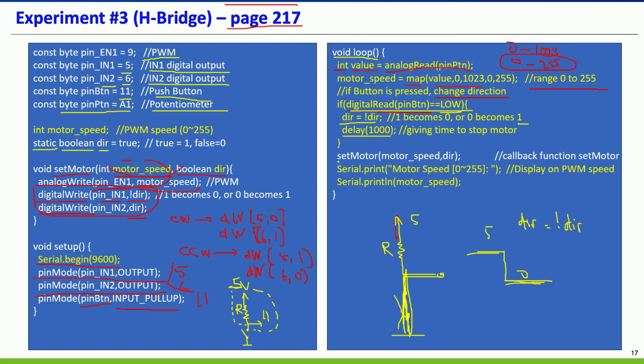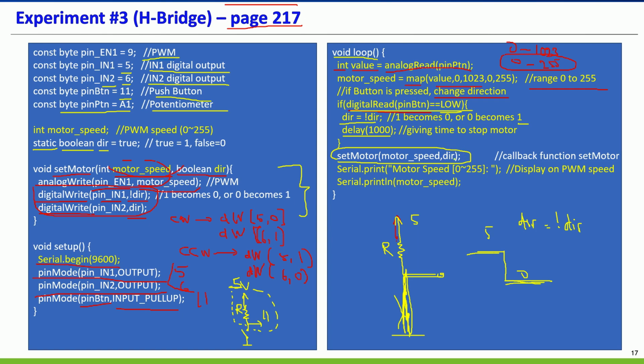And then in here there is the function call. We call setMotor, which we already declared, with motor_speed, which we already know the range is from 0 to 255, comma, Boolean direction, whose value is only 1 or 0.